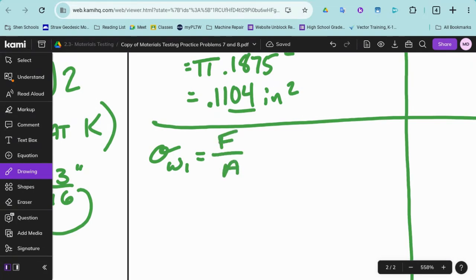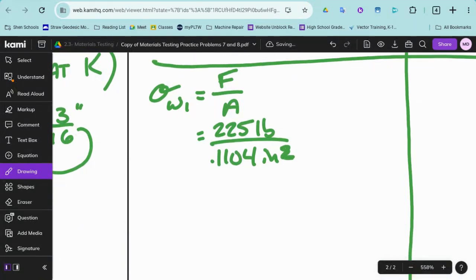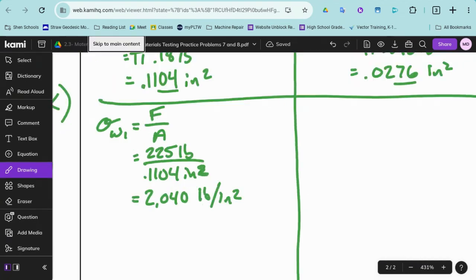Next, we can use that area to figure out the stress for wire 1. Force divided by area, 225 pounds divided by 0.1104 square inches, using the unrounded area here for the most accurate result. And we get 2,040 pounds per square inch. For wire 2, our formula is going to start the same way.